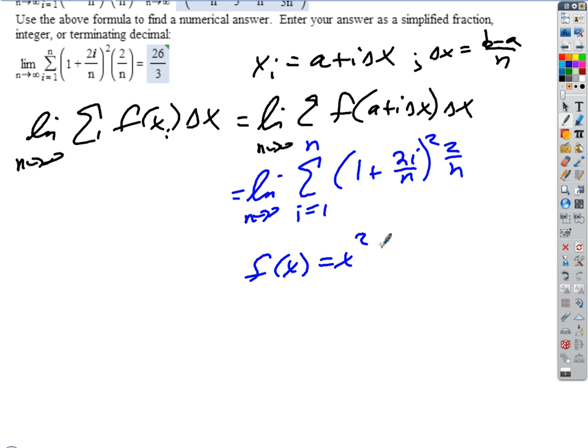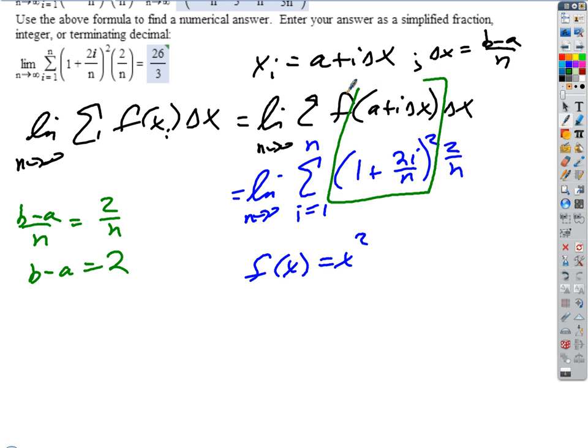From where to where? Well, what's delta x? 2 over n, yeah. So b minus a must equal 2, right? Okay, so if b minus a over n equals 2 over n, then b minus a equals 2. What's a? What's x sub 1, I guess, is what we're asking.